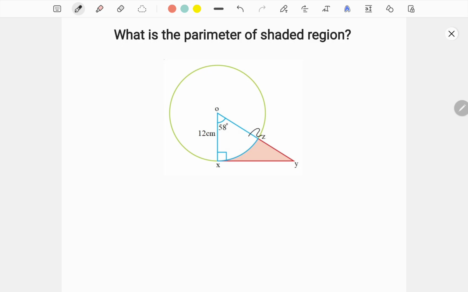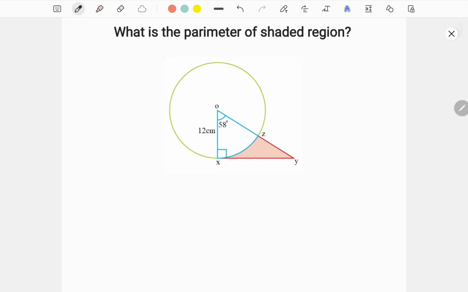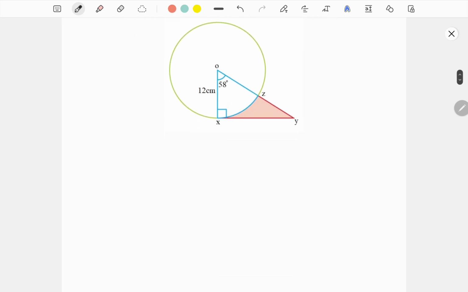First, if we look at the triangle and consider this angle 58 degrees, then OX will be the base, XY will be the perpendicular, and OY will be the hypotenuse. So let us find cos of 58 degrees.